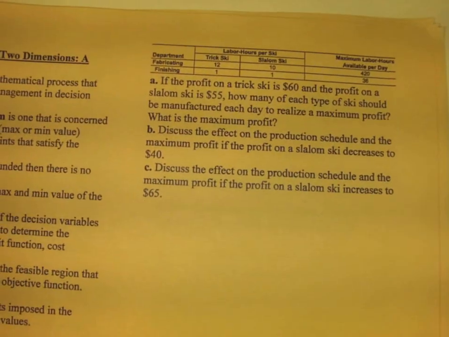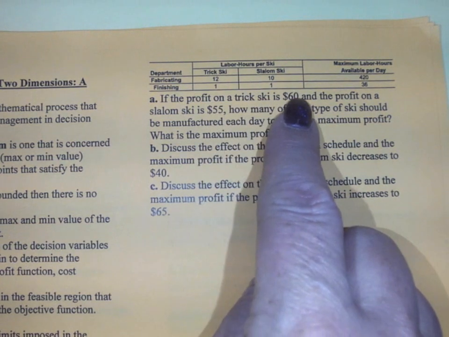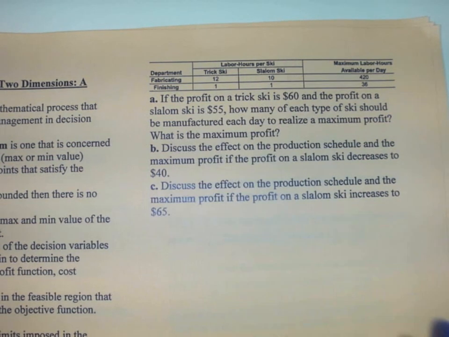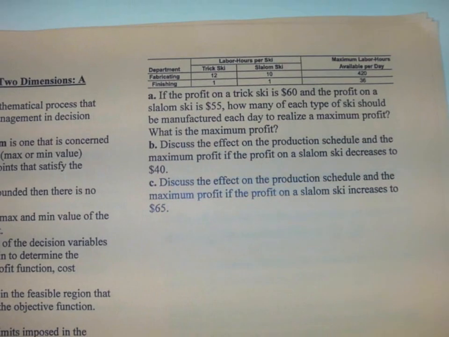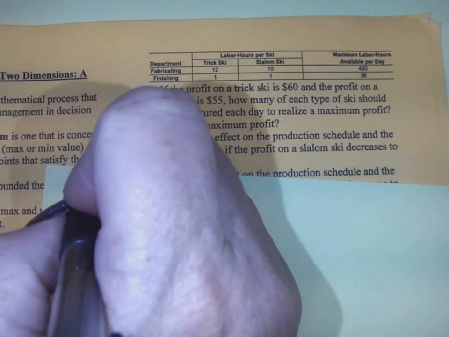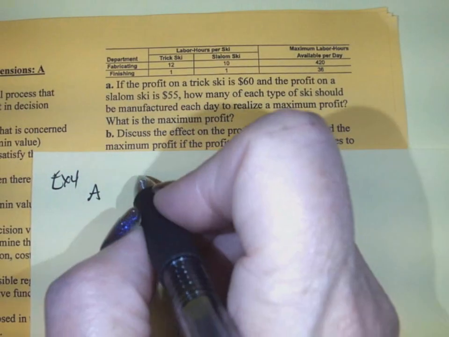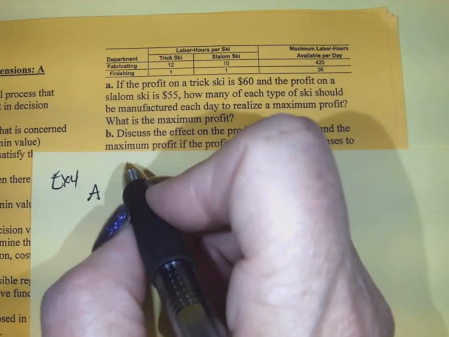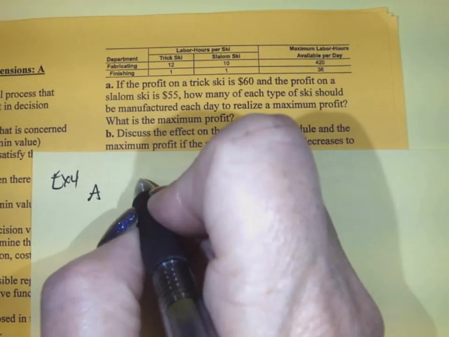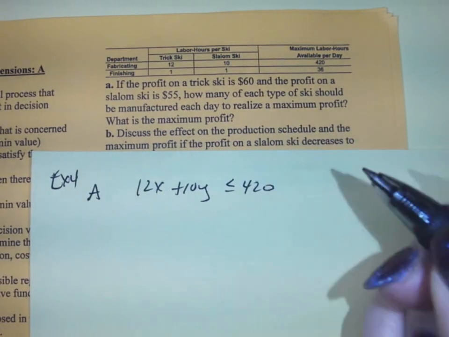So I thought I would just kind of show you what you're going to do. You don't have to write it all out. Just understand this is your X, this is your Y. So trick ski would be 60, slalom ski is 55. Let's just show you how to set up the P. For part A, first of all, we would have 12x plus 10y less than or equal to 420.